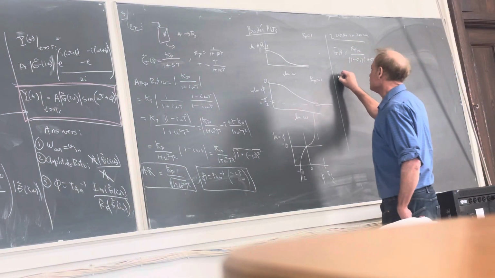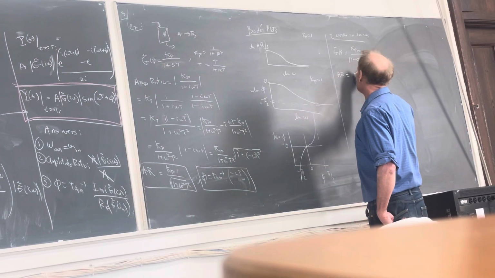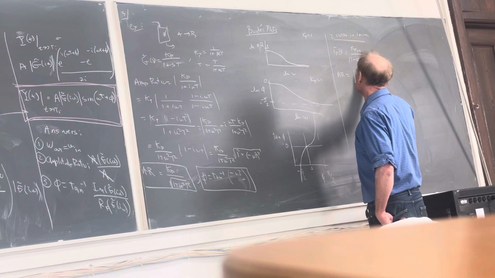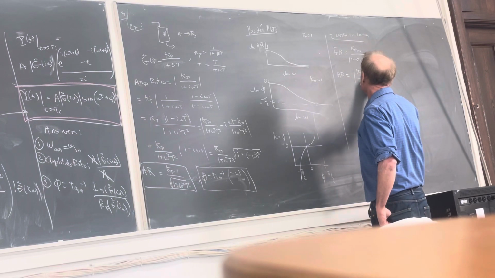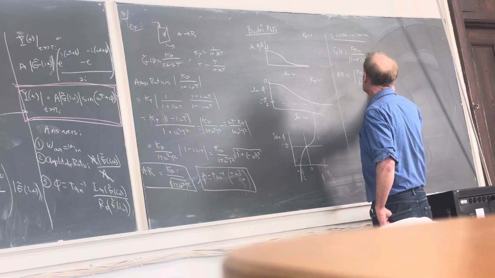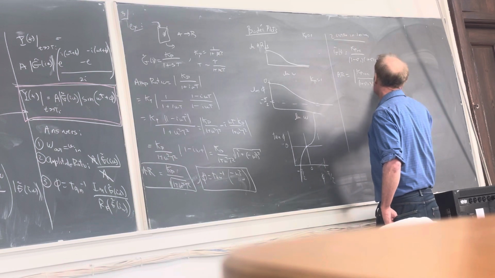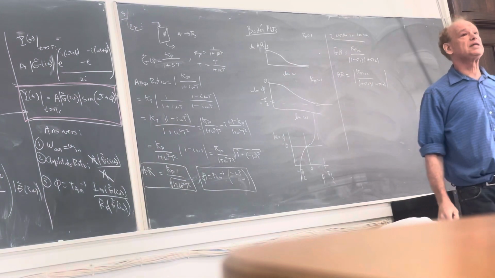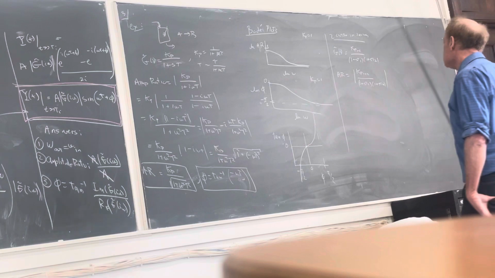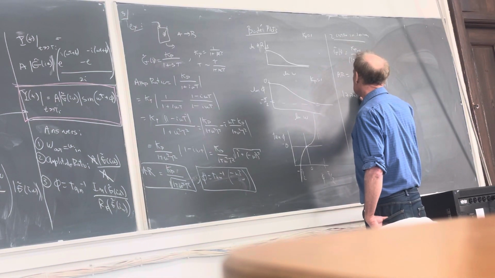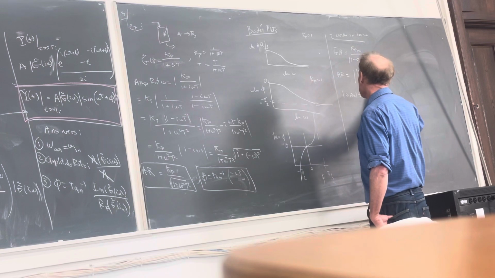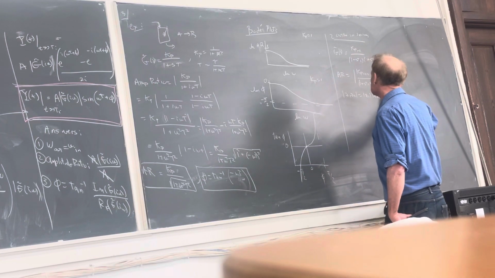So the amplitude ratio is equal to the magnitude of KP 1 plus 2 over 1 plus ST1, 1 plus ST2. But it's easy enough to show that the magnitude of Z1 Z2 is equal to the magnitude of Z1 times the magnitude of Z2. So this is homework.